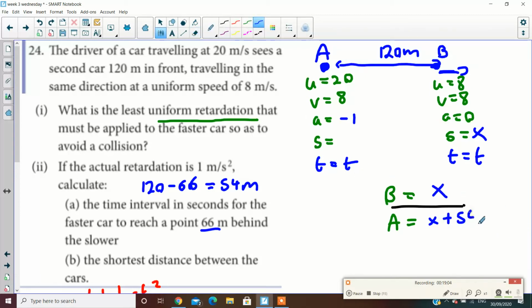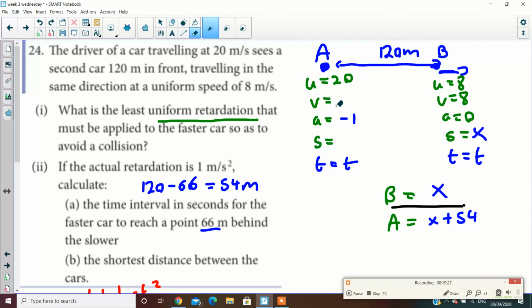So we're pretty much doing the same thing. What's false about this data set? Or is it? Find the time interval in seconds for the car to reach a point 66 meters behind the slower. It doesn't say it has to be on the same speed, does it?